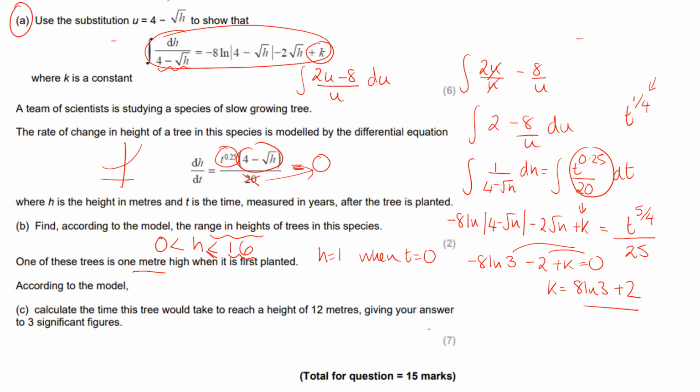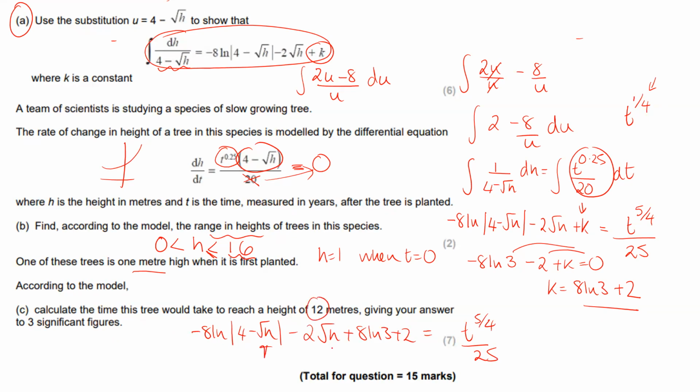Yeah, let's just leave it like that, because now our equation is minus 8 ln of 4 minus root h, minus 2 root h, plus K, plus 8 ln of 3 plus 2 is equal to t to the 5 over 4 divided by 25. And we want to find the time when h is 12.